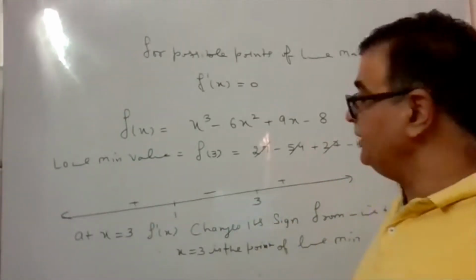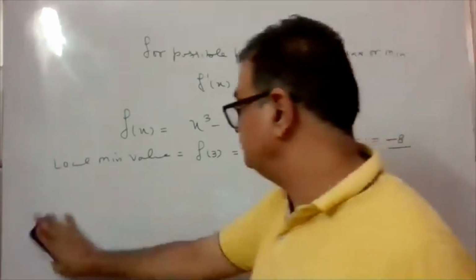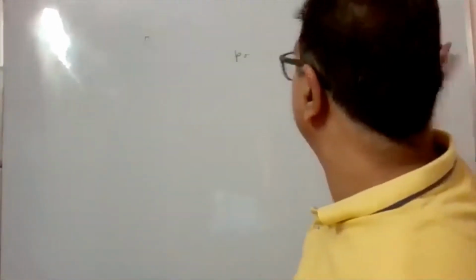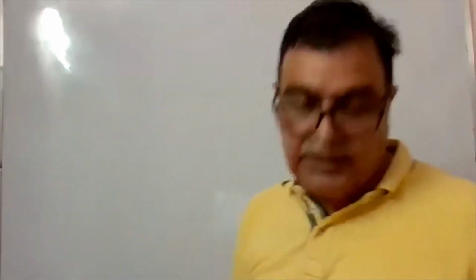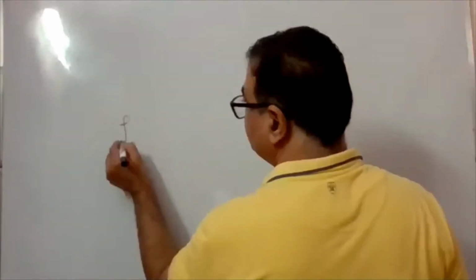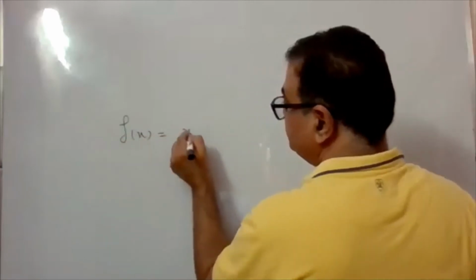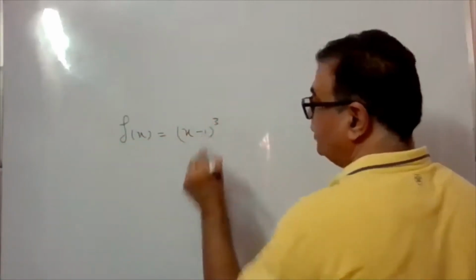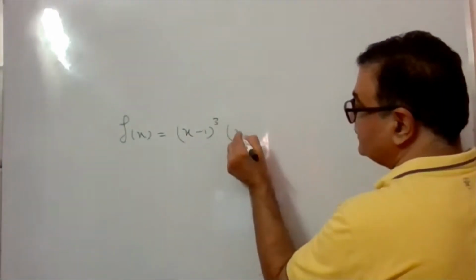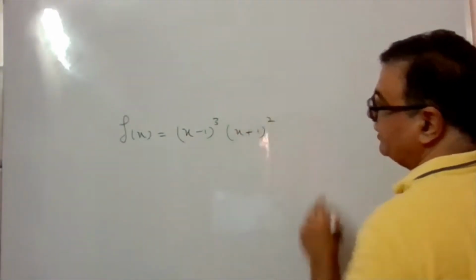Second question right now, please. Find all the points of local maxima and minima for the function f(x) is equal to (x minus 1) whole cube into (x plus 1) whole square.